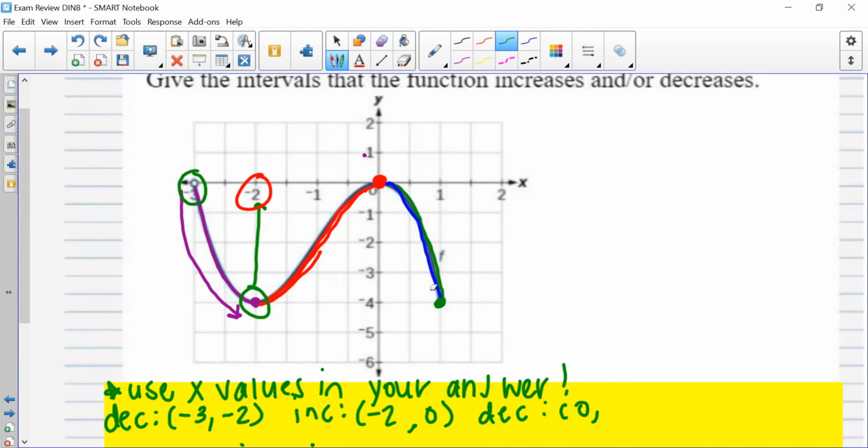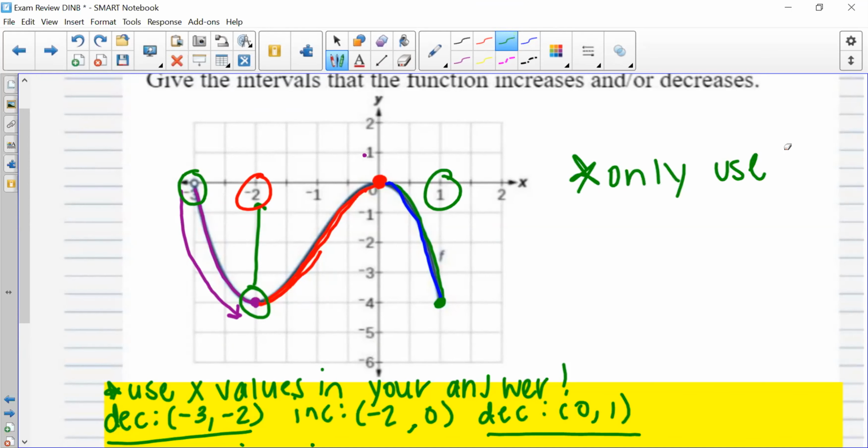This point has an X value of 1. Never use the Y values when you're writing your answer. Okay? Always use X values when you're writing your answer. Now, a lot of our graphs only increased or decreased at one place. This one decreased twice. That's okay, that can happen. Okay. You also only use parentheses, never the square brackets for increasing and decreasing. So you don't have to worry about which to use. You only use the parentheses for this.